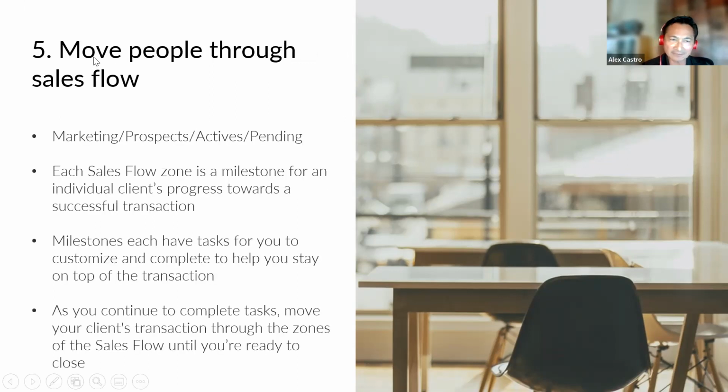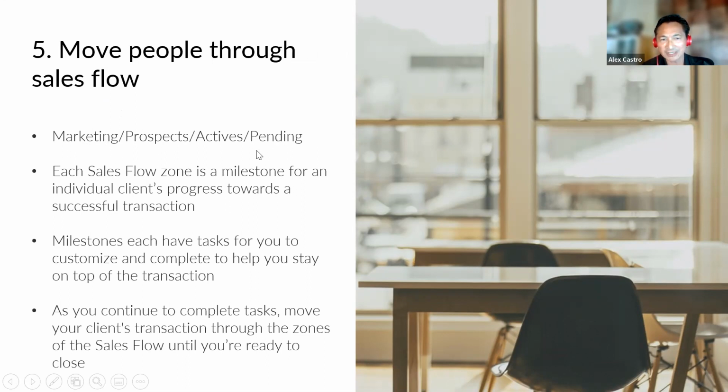Okay, so last and fifth and final thing of our 5 steps or 5 ways to maximize MoxiEngage, right? Move people through the sales flow. Here's the flow, right? Marketing to prospects, to actives, to pending. That's the flow. And then keep in mind that each sales flow zone, right?